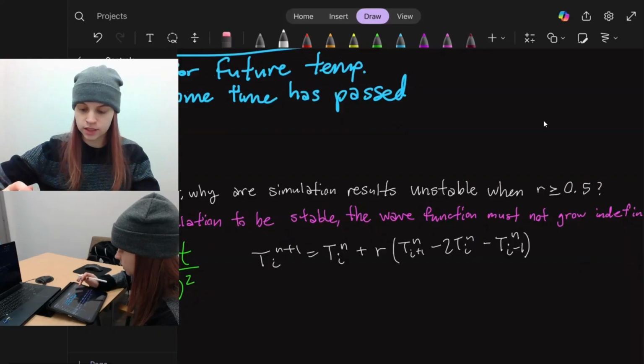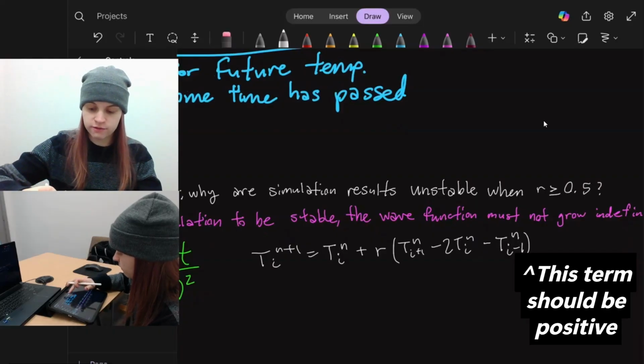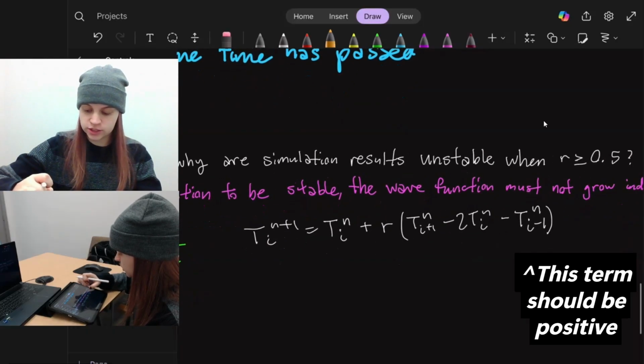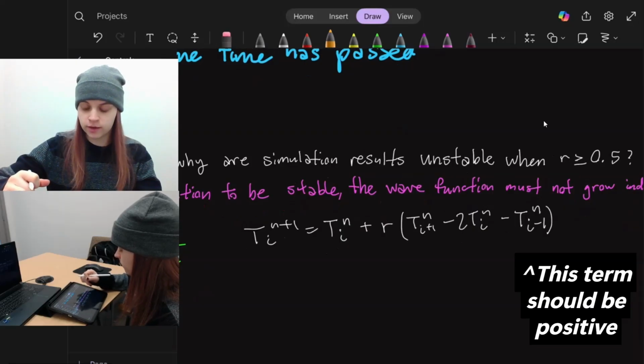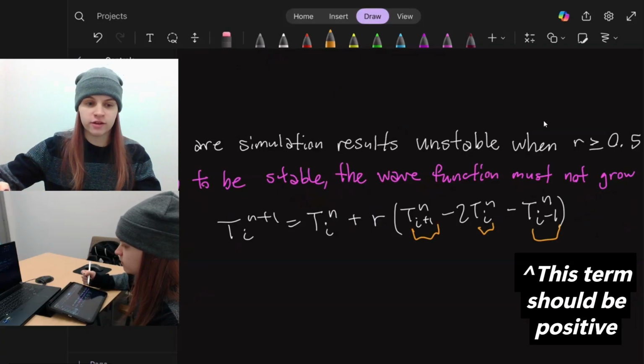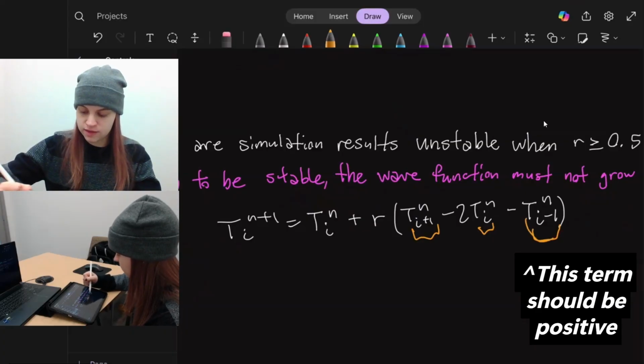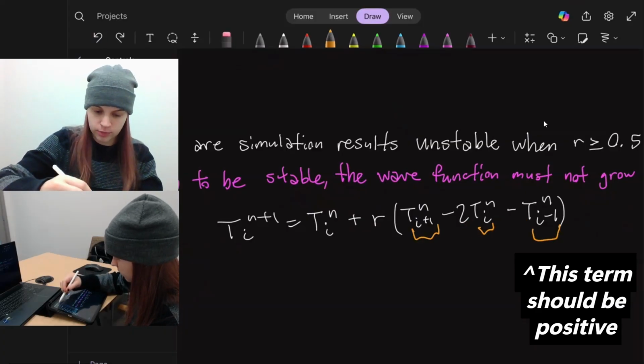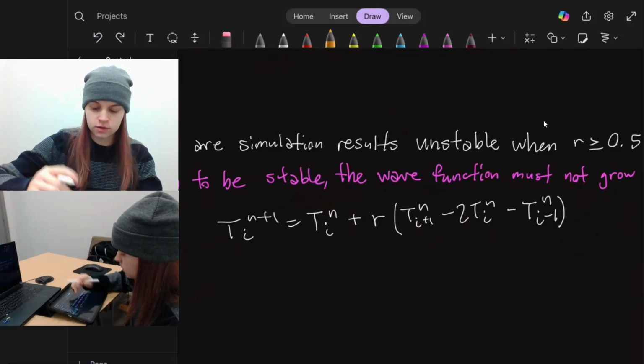Another way we can write this is as a wave function. I won't go too much into where this comes from, but I will basically be getting rid of the i+1 and i-1 terms, or basically these entire terms, and replacing them with exponential terms.